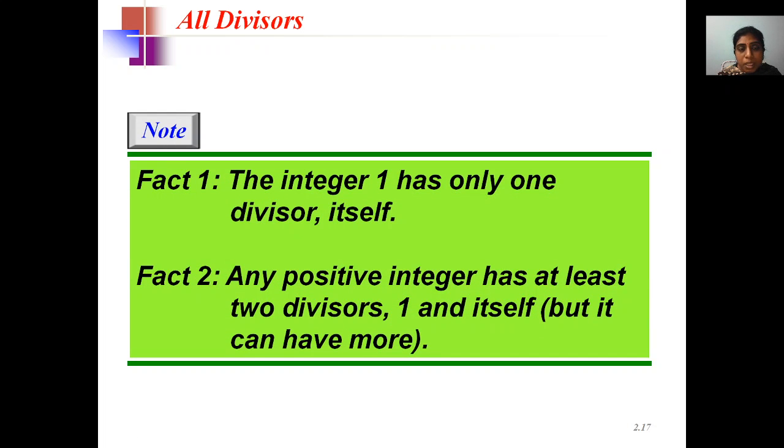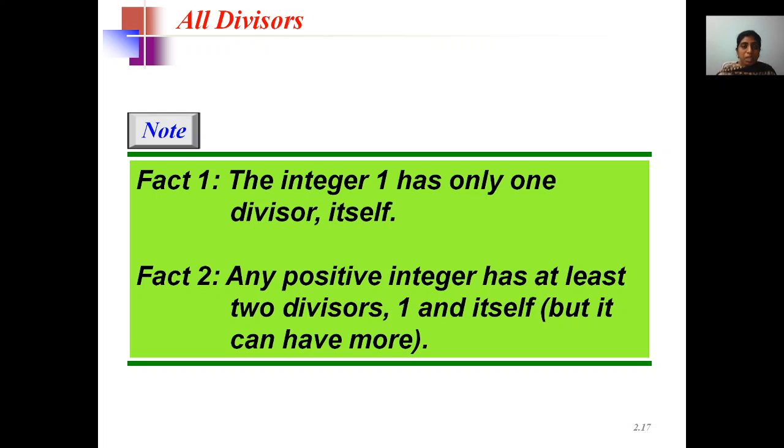So what are the facts for divisibility, and what are the divisors? The integer 1 has only one divisor, itself, and any positive integer has at least two divisors, 1 and itself, but it can have more.